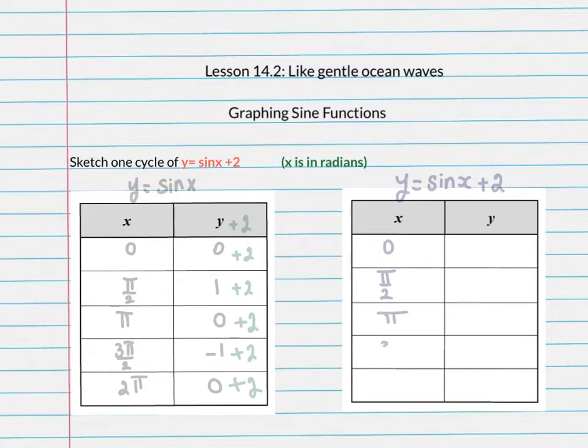They're the same. Only the y values are going to change. The y values are going to be 2, 3, 2, 1, and 2. We will be using this table to graph our given sine function.